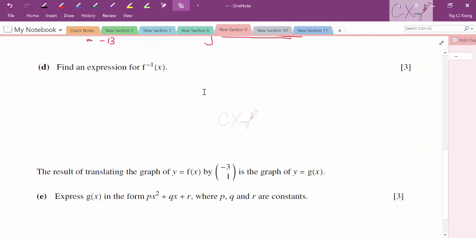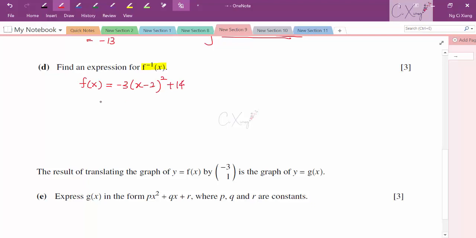And next, let us continue to part number D. For part D, they want us to find the expression for f inverse. To find the expression for f inverse, generally we have to use the completed square form. So our original function in completed square form is from part A, which is negative 3 (x minus 2) squared plus 14.